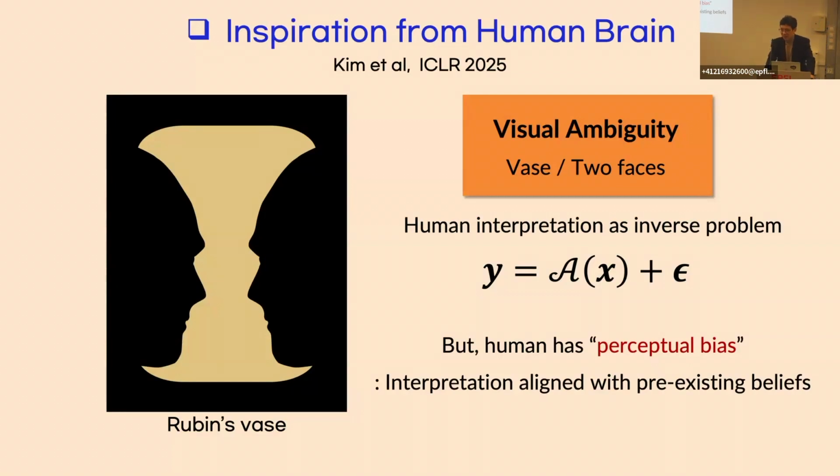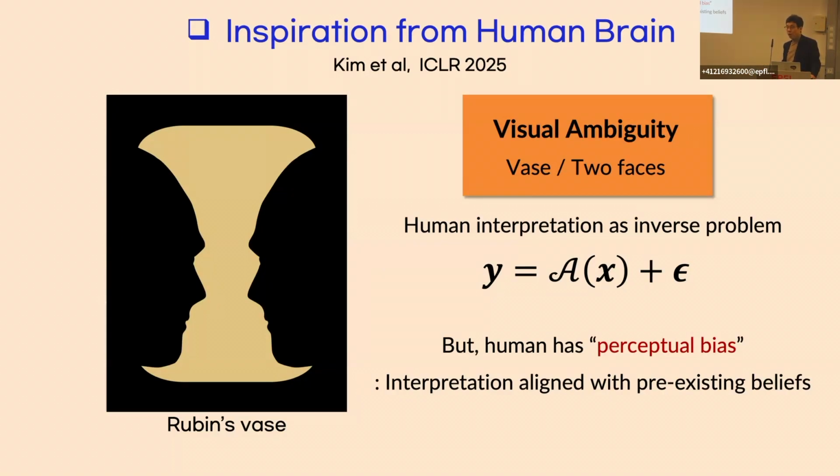Sometimes, depending on your mindset, this kind of visual ambiguity has always existed, but in human cases, we usually use some kind of perceptual bias or belief such that it maybe looks like a vase. And then you can actually start to see the vase as well, okay? This is what people are actually doing.